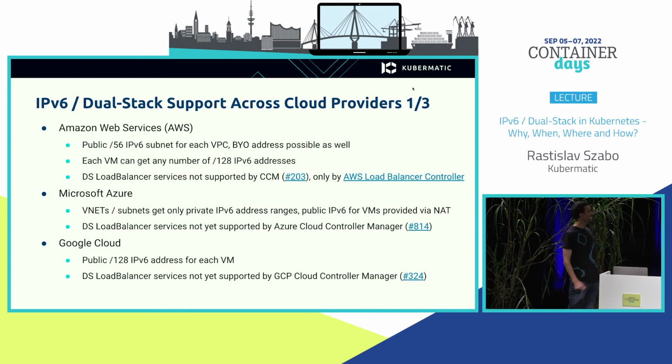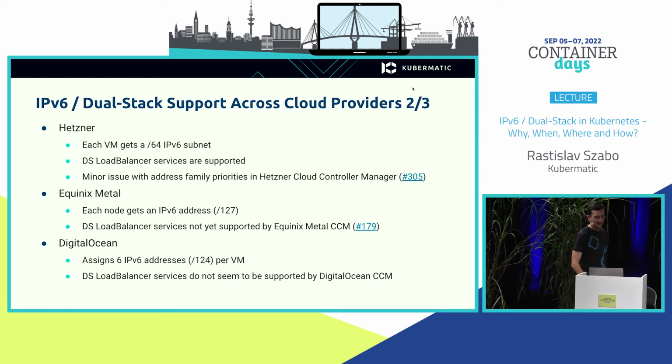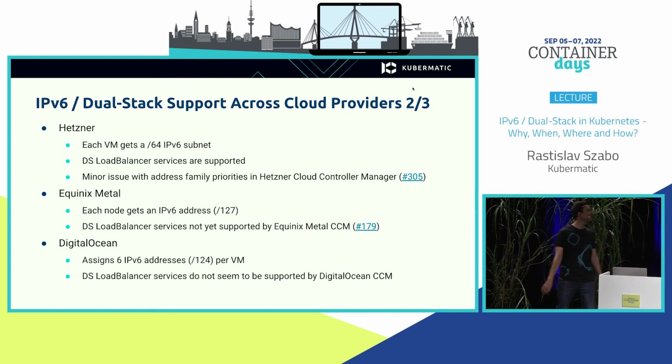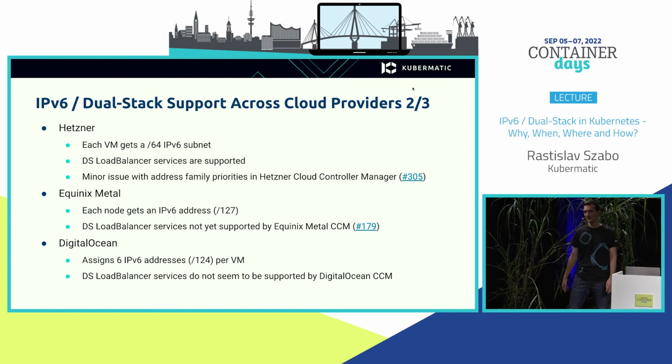And to conclude this slide, in case of Google Cloud, again, each VM can get a public IPv6 address. And again, the dual stack load balancer services are not yet supported. Here are some smaller cloud providers. For example, in case of Hetzner, each VM would get a whole range of IPv6 addresses.